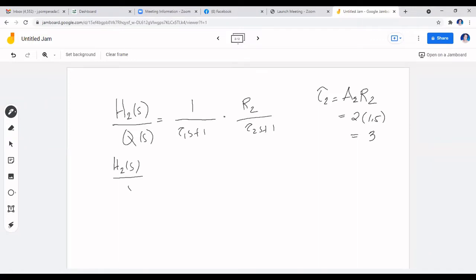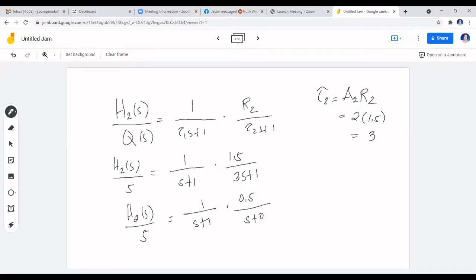Now we can place here 5 equal to 1 over S plus 1 times your R2, which is 1.5 over 3S plus 1. If we convert this into something that looks like this so that later on it's easier, then we'll have H2 of S over 5 equal to 1 over S plus 1, and we divide the denominator and the numerator by 3. So that will give us 0.5 over S plus 0.33.